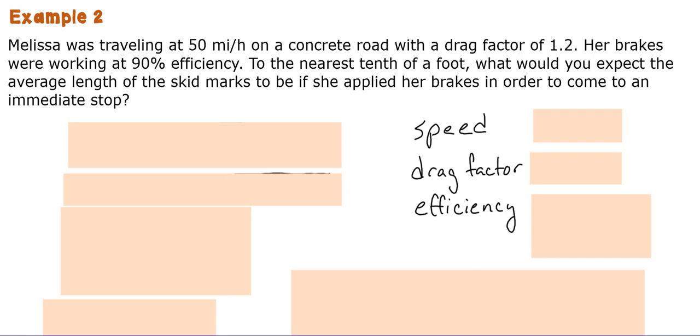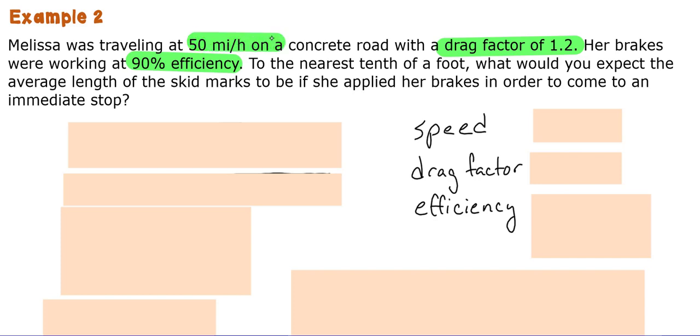In the second example, Melissa was traveling at 50 miles an hour on a concrete road, so it has a drag factor of 1.2. Her brakes are working at 90% efficiency. To the nearest tenth of a foot, what would you expect the average length of skid marks to be?